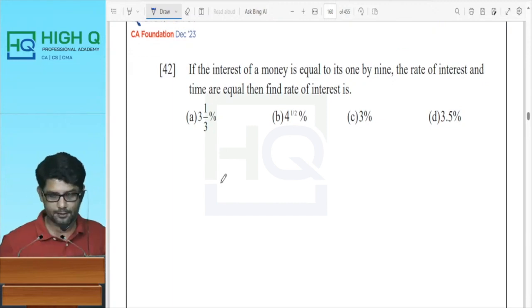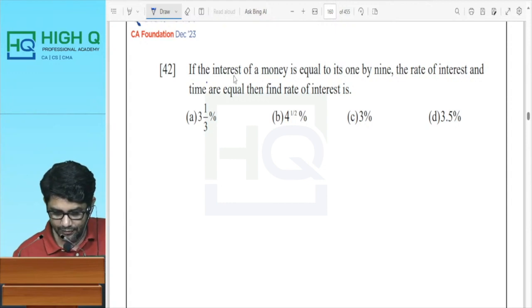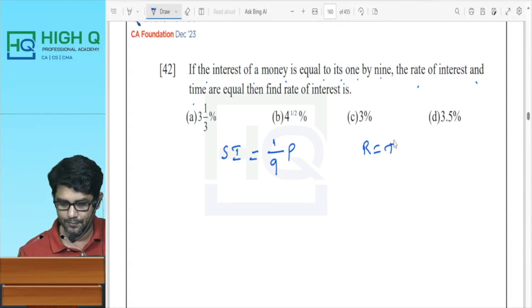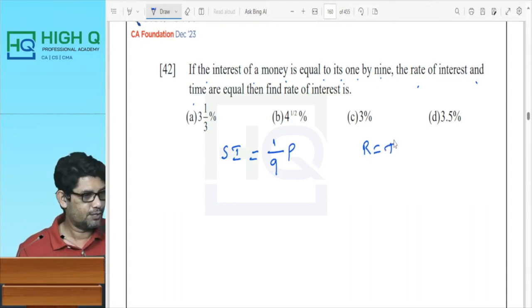We have to write. If the interest of a money is equal to 1 by 9 of its principal, the rate of interest and the time are equal, R is equal to T. Then find the rate of interest. This is the question.